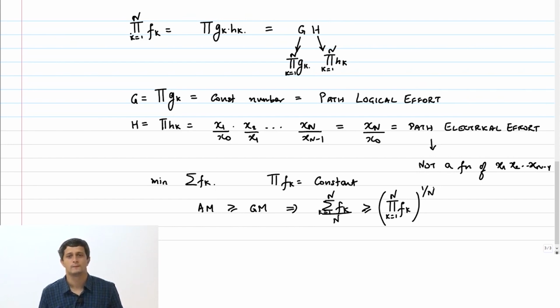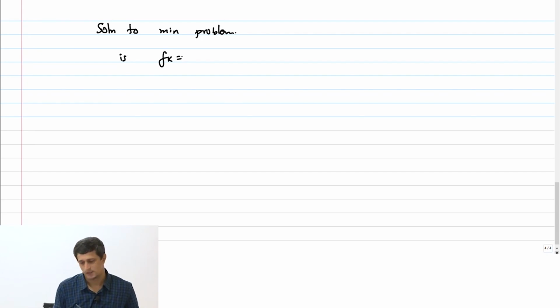This is the geometric mean. And equality will hold, so the sum is minimum, when each of these Fk's are equal to each other. Therefore, the solution to the minimization problem is Fk equal to G into H, whole power 1 by n.